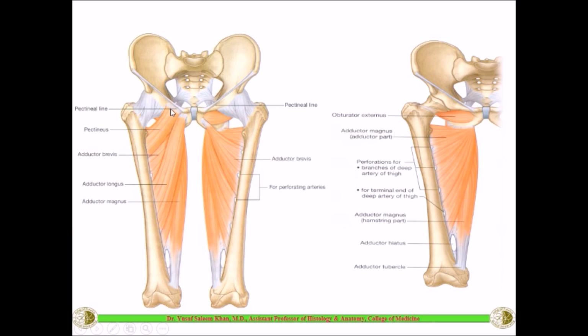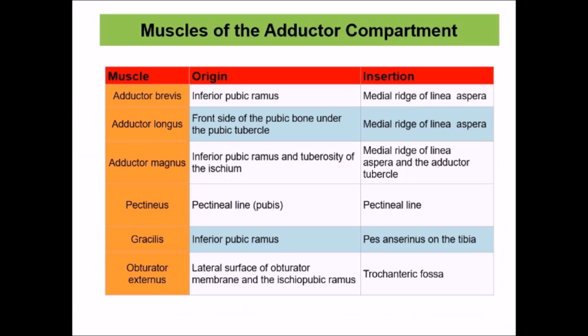So this muscle takes origin from this pectineal line, as well as gets inserted to one more pectineal line which is present in the femur, which is also called the spiral line. So it takes origin from the pectineal line of the hip bone and gets inserted to the pectineal line of the femur, or the spiral line of the femur.